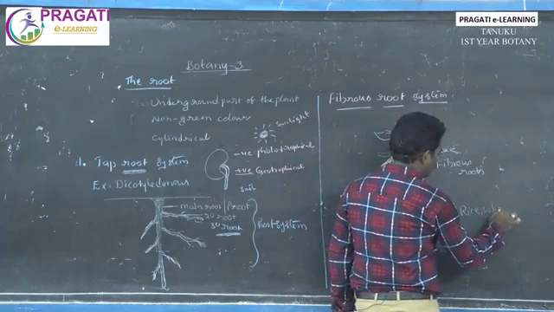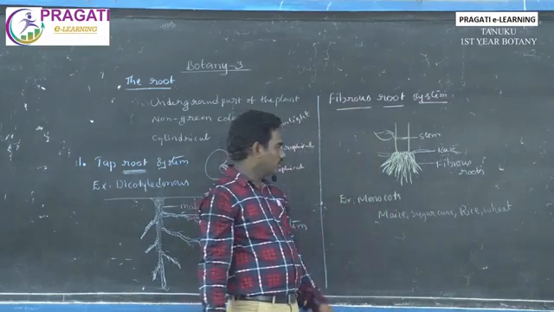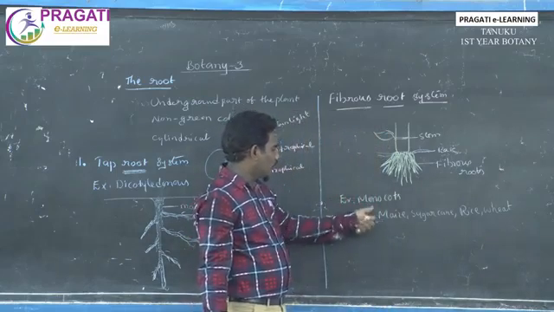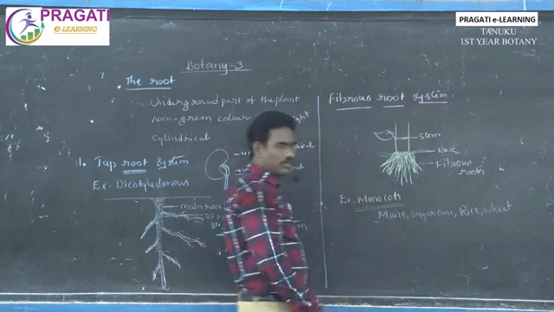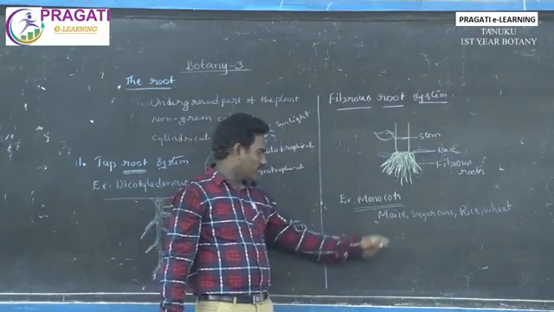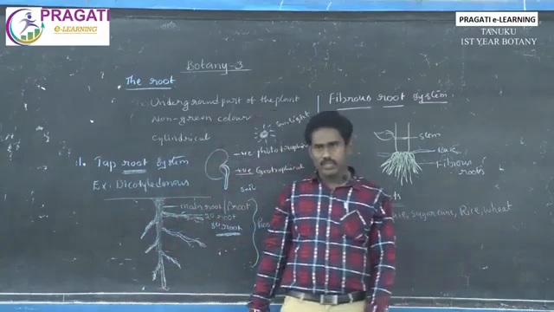These are all monocot plants. This root system is present in monocotyledonous plants, for example maize, sugarcane, rice and wheat plants.